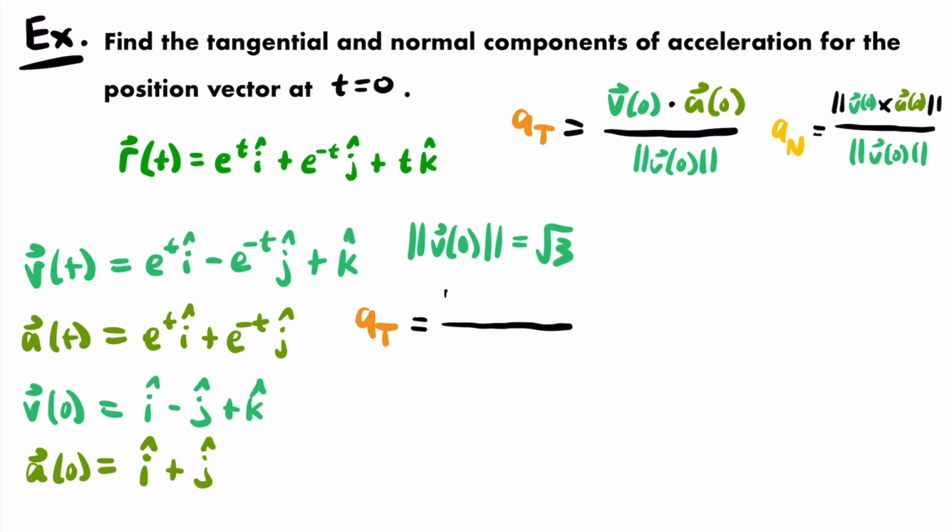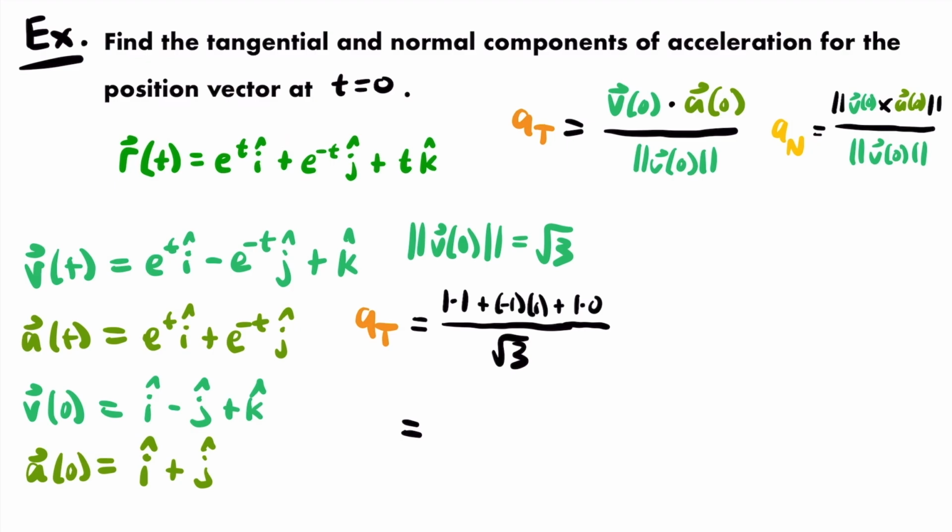And then in the denominator, we have the magnitude of the velocity vector at t equals 0, which is the square root of 3. All right, now in the numerator, 1 times 1 is 1, and then -1 times 1 is -1, and of course 1 times 0 is 0.